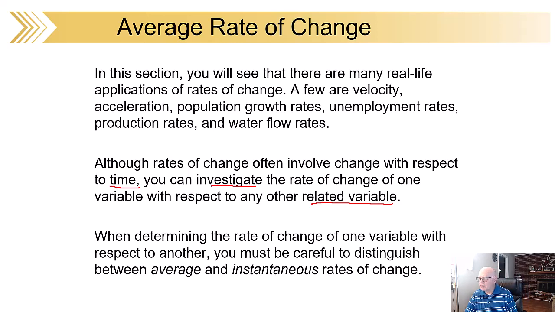So when you want to find that rate of change, you have to be careful to distinguish between average, that's over an interval, and instantaneous is at a point. So think of taking a trip from here to, say, Washington, D.C. If you check the time and the distance, or the odometer reading before you start, and check it again when you're finished along with the time, you can find your average speed.